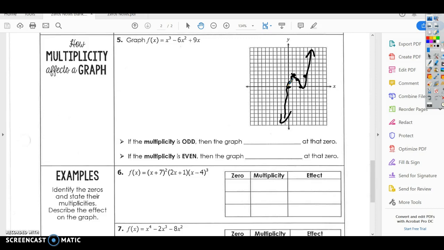We know that the zeros go with your factors, and those become your x-intercepts. So if the multiplicity is odd, then the graph crosses. You can see it's odd. This was a 1. That was where x equals 0.